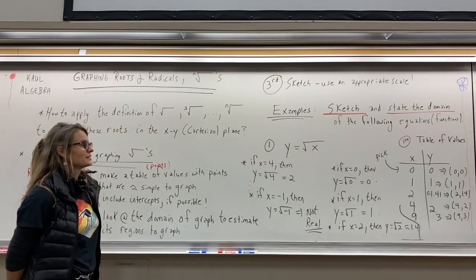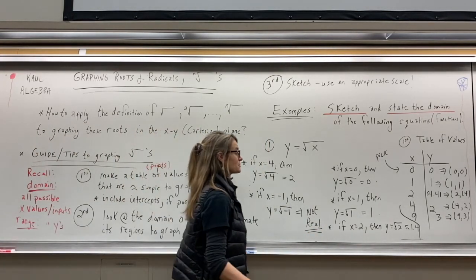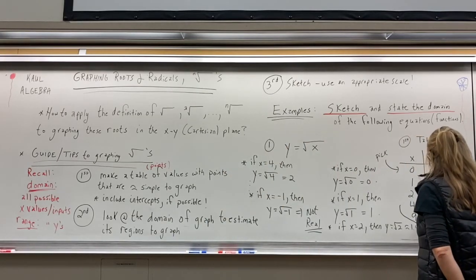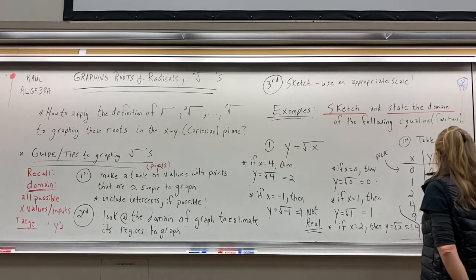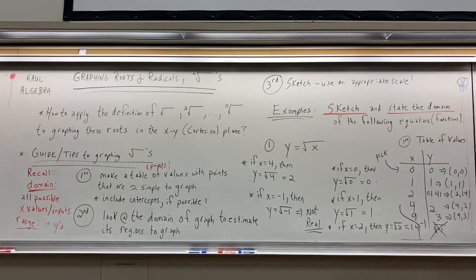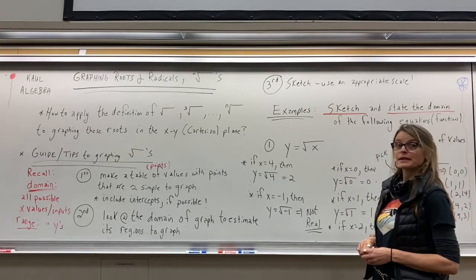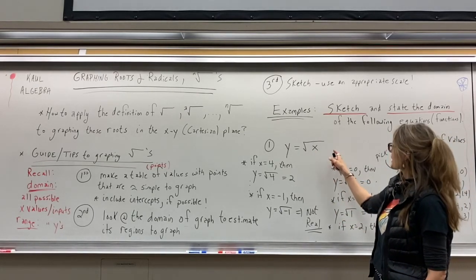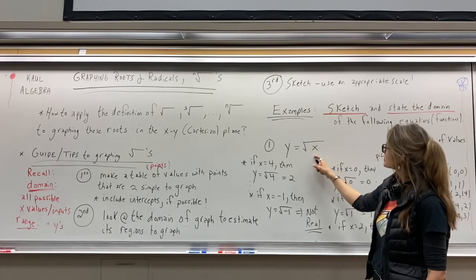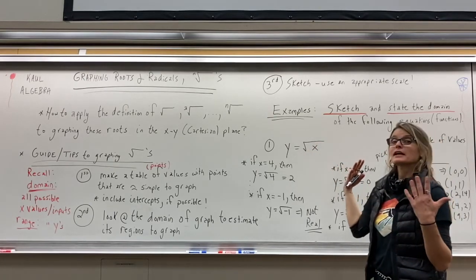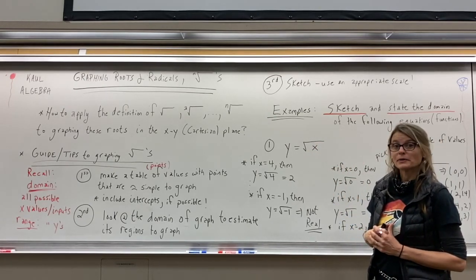So in this case, we would say -1 gives a non-real output. We don't have any points there. We could continue on with other negatives: -2 doesn't work, -3, -4, -5. Any negative number I plug in here will not give me a real output.